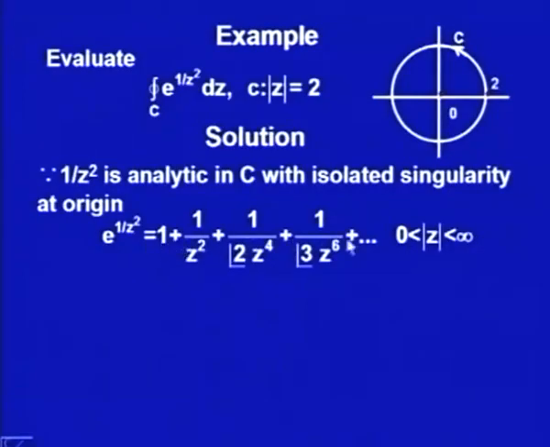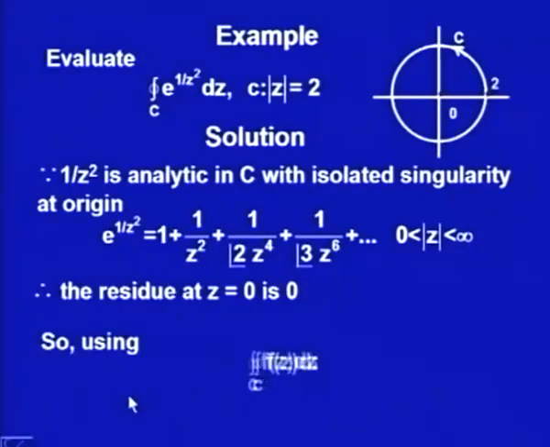From here, what is the residue? The residue should be the coefficient of 1 upon z, that is 0 here, because I do not have any term of 1 upon z. That says this integral would be 0.